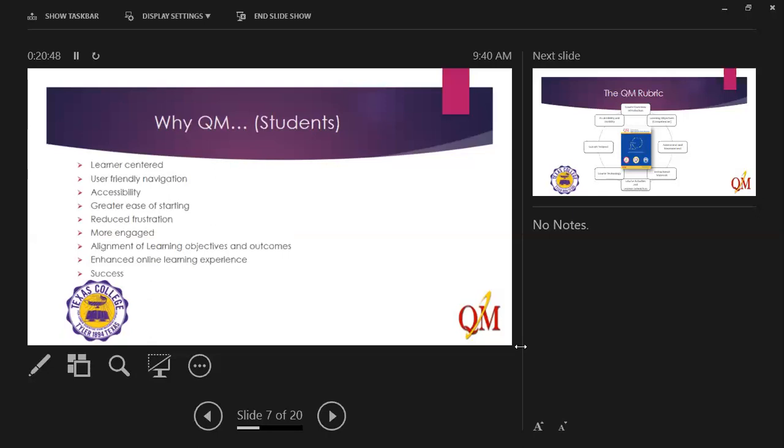By following best practices, you create an environment in which the students are a lot more engaged in the online course throughout the learning process. And then the QM rubric ensures that there's alignment of learning objectives and outcomes.